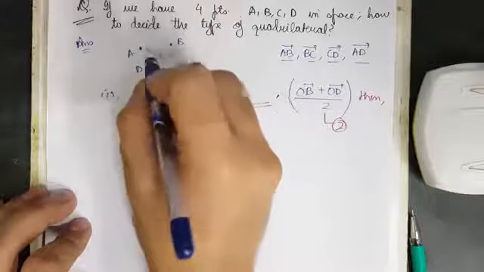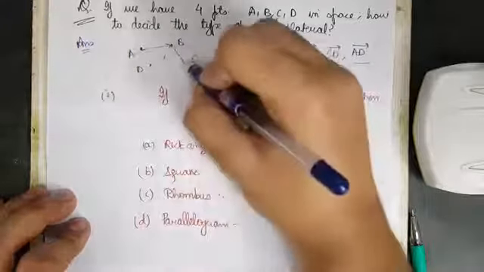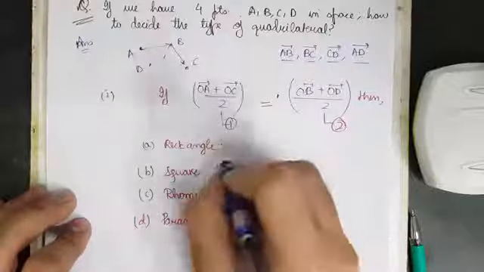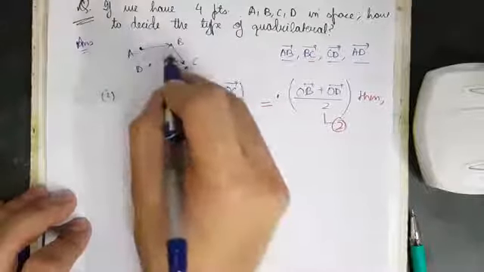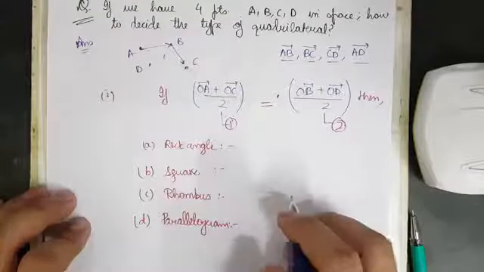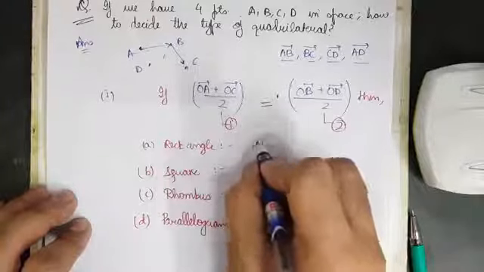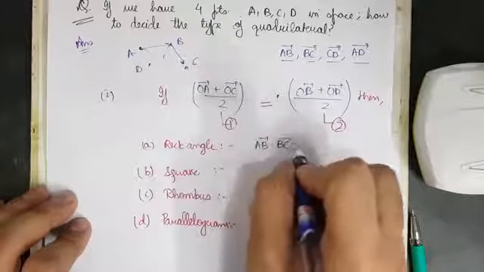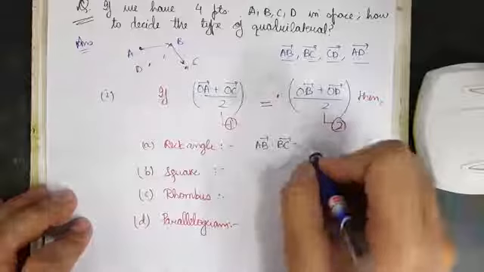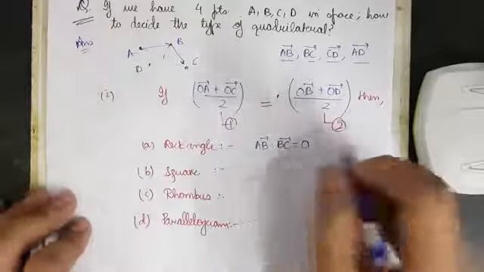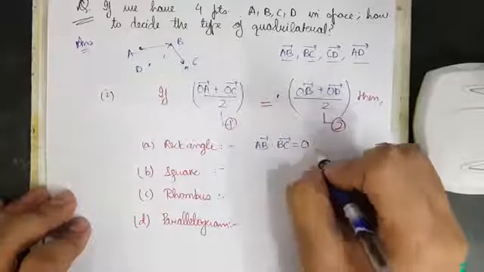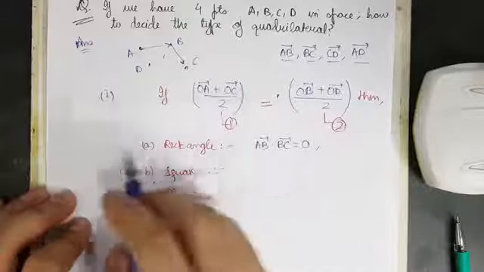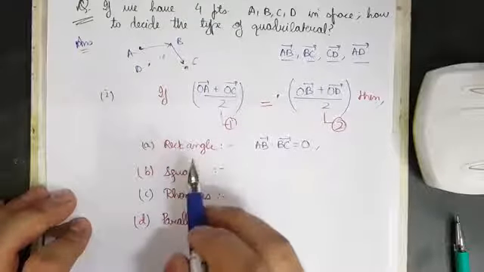Let me take the vector AB and the vector BC. If we have a rectangle, then AB and BC will be perpendicular to each other. What does it imply? That AB dot BC has to be equal to 0, because cos 90 is 0. Now moving on to the magnitude of the vectors. If this is a rectangle, then what will we have?